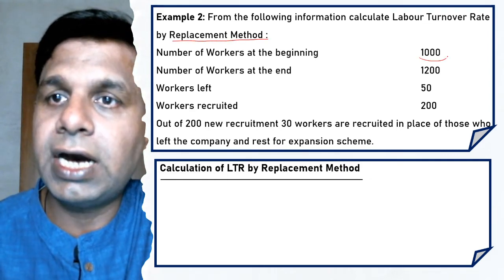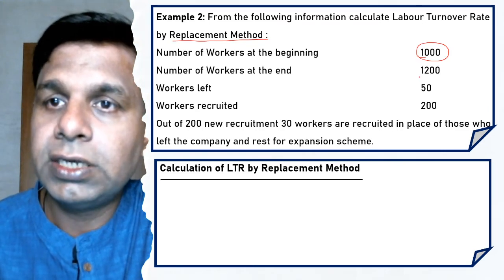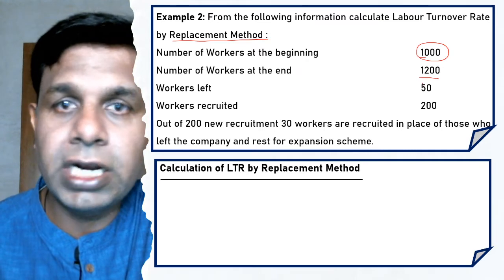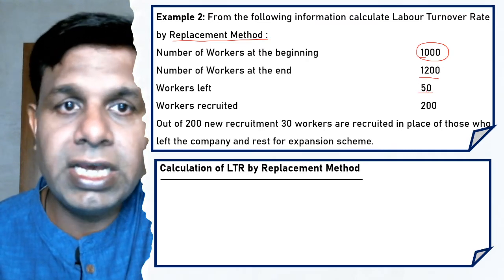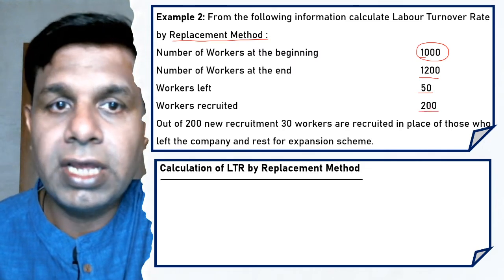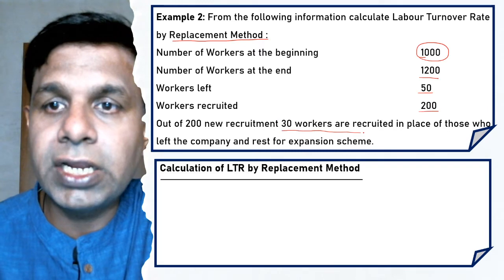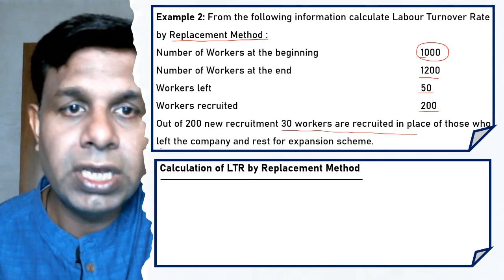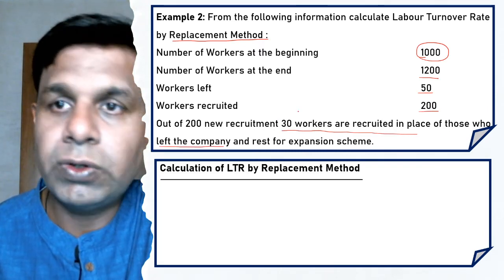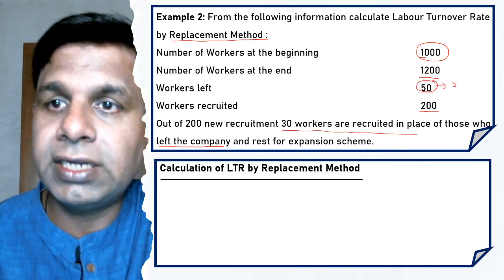Workers in the beginning are 1000, and at the end of a particular period are 1200. Number of workers left 50, and new workers appointed by the company are 200. Now out of these 200 new appointees, 30 workers are recruited in place of those who left the company. So in place of 50 workers who left, the company recruited 30 workers.